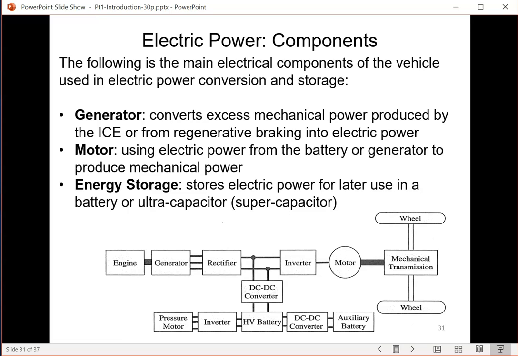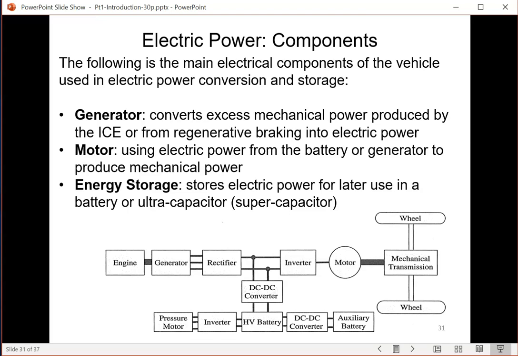If you design the machine to function as a motor, there are optimization issues so it works best in the motoring mode. If you design it to work as a generator, there is particular emphasis on making sure it works better in the generating mode. But in principle, any electrical machine can work in both modes.